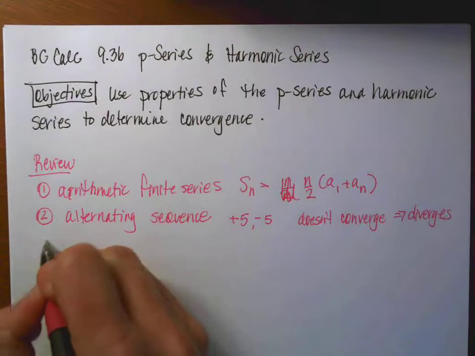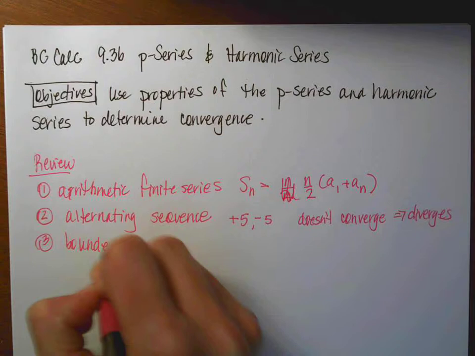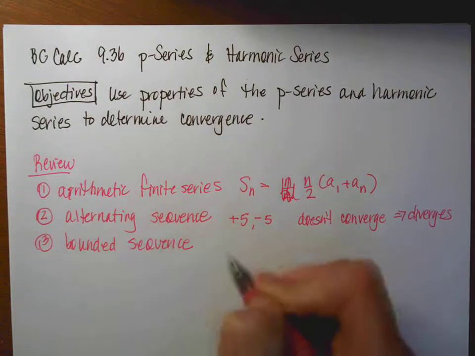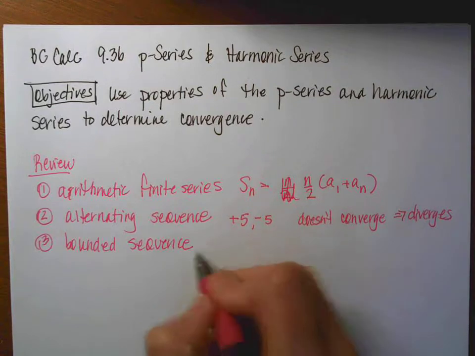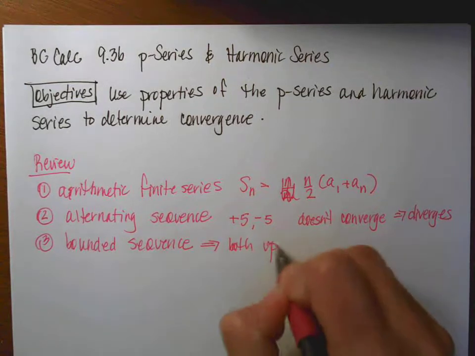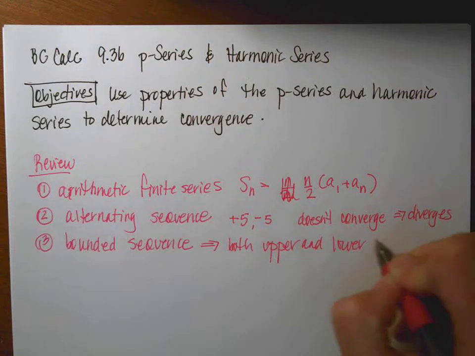All right, the next thing would be a bounded sequence. I just have a bunch of ideas that I went through and pulled out to help us as we process through the information. A bounded sequence is a sequence that has both upper and lower bounds.